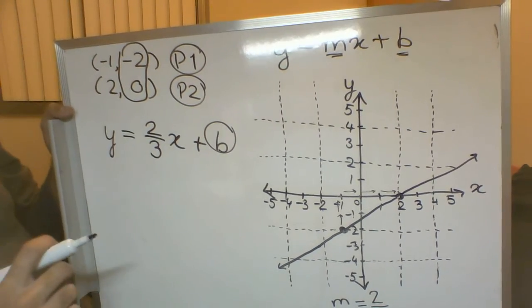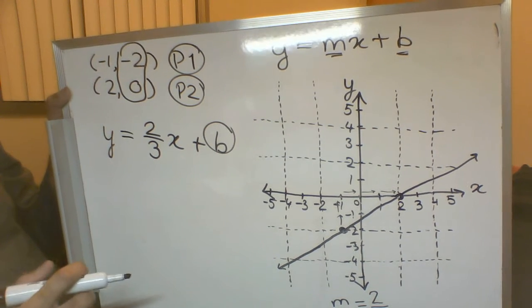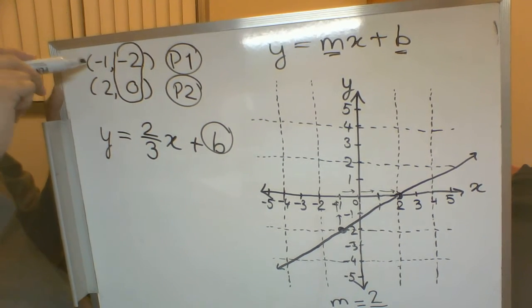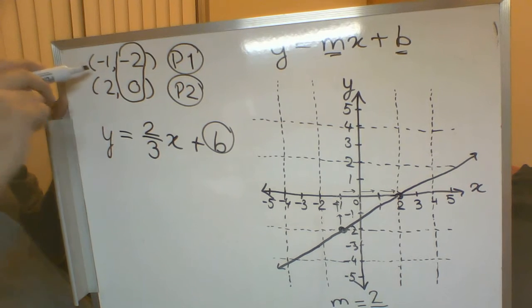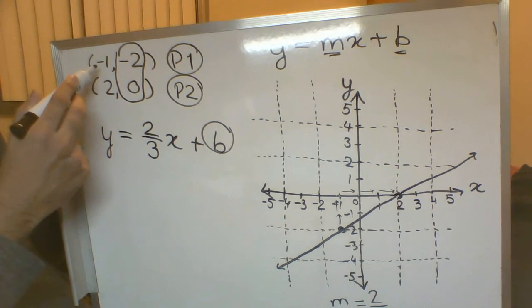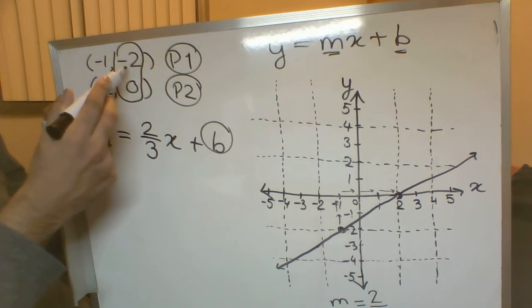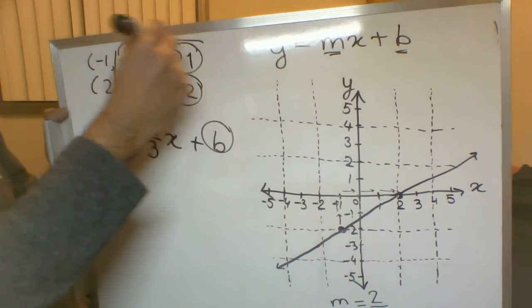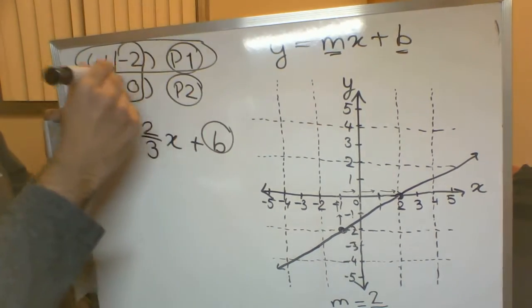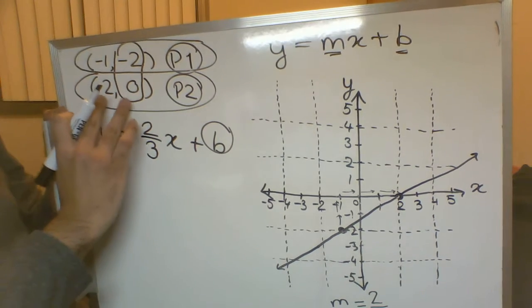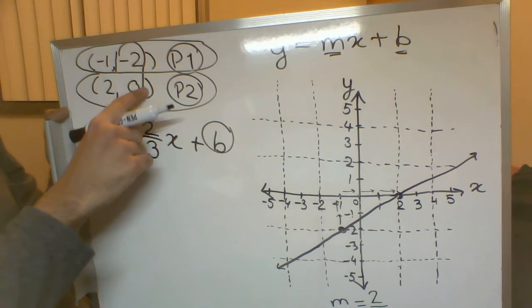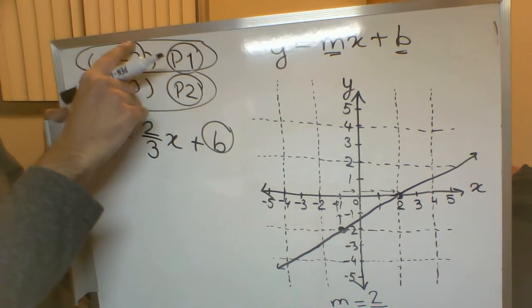Okay, so here's where it gets a little bit interesting. You've been given 2 different points. What we're going to do is take the x-coordinate of one point and its corresponding y-coordinate. So we're going to choose one of the points. Either we're going to choose point 1 or we're going to choose point 2. We're going to take its coordinates and plug those coordinates into the equation.